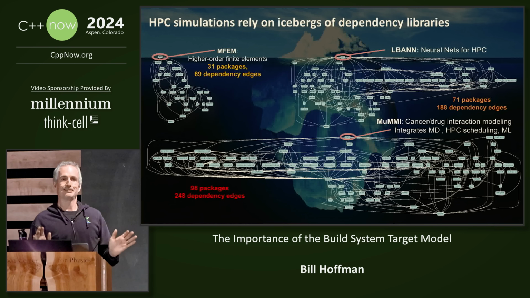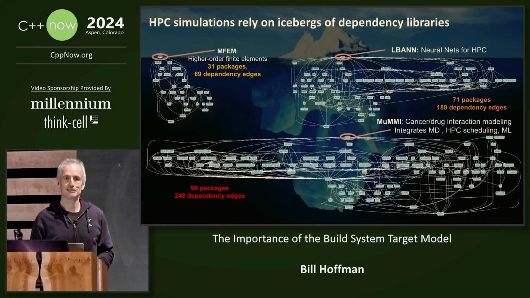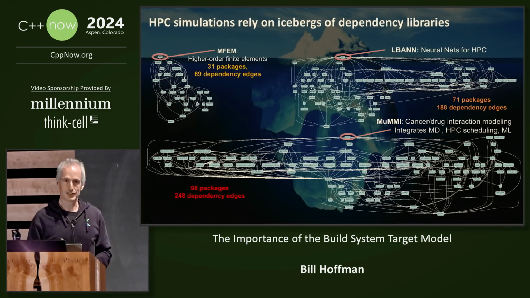And software is getting huge. So this is from a talk from the Spack package manager, which is a package manager for building on HPC systems. And this is just amazing stuff with some of these modeling systems that have 98 packages, 248 dependency edges. These are giant, massive pieces of software.